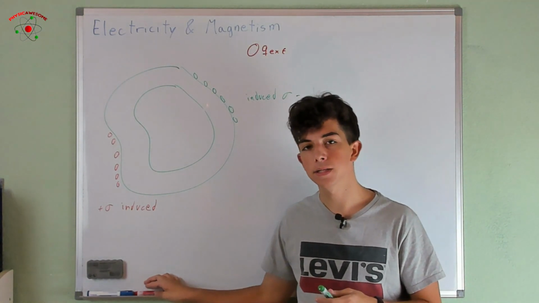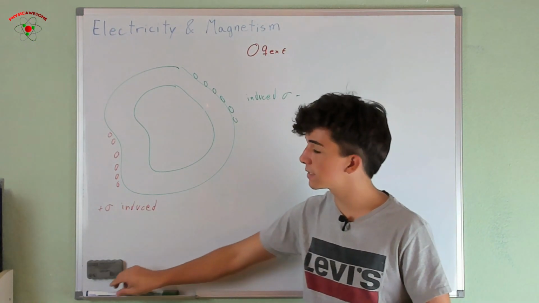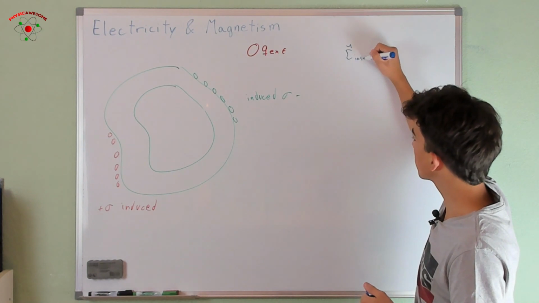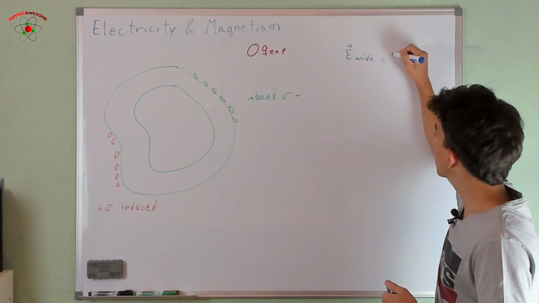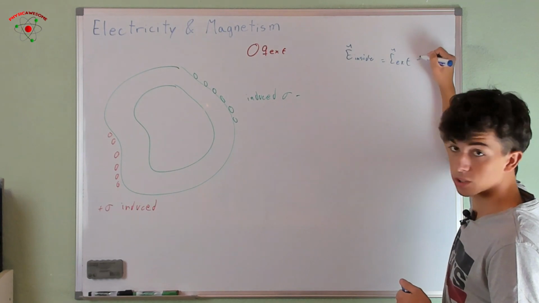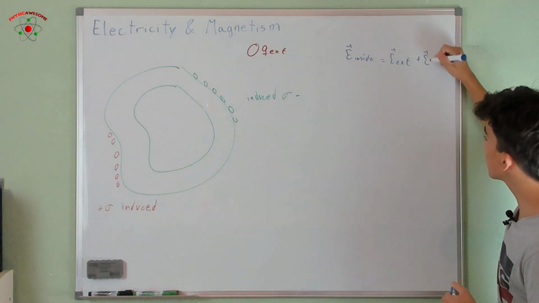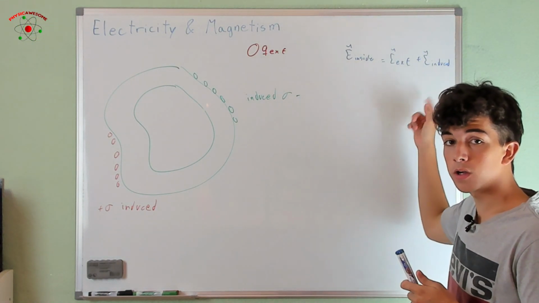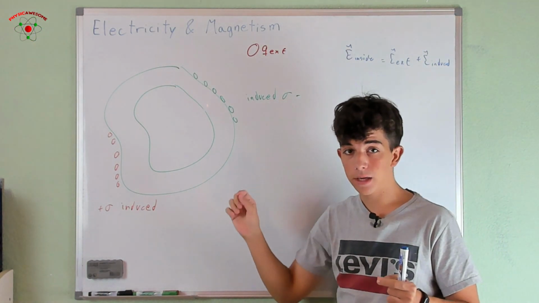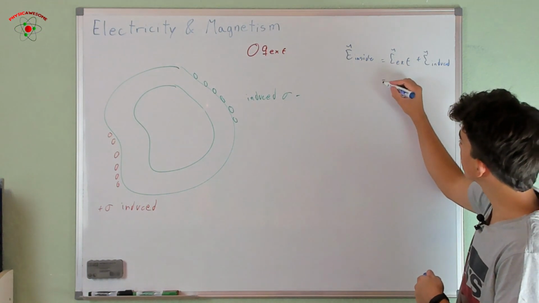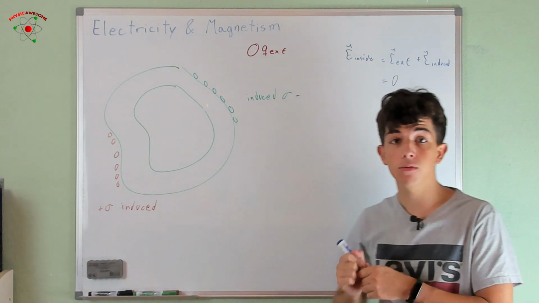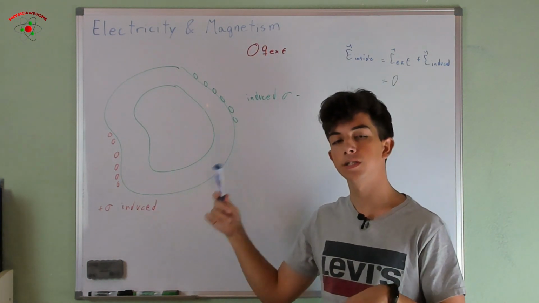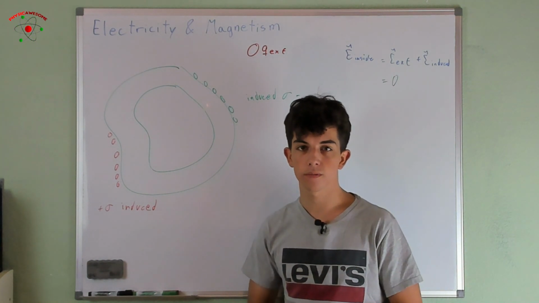And what happens is that the electric field inside of the conductor, the E inside, is going to be equal to the external field by the principle of superposition plus the field that is induced. And this induced field works in such a way that they cancel each other so that the field inside is zero, and this effectively behaves as a conductor with a zero internal electric field.